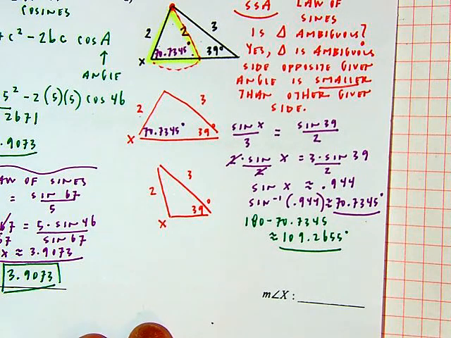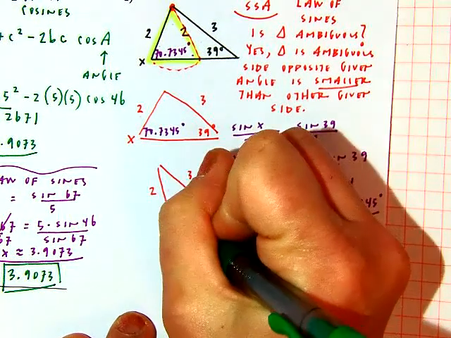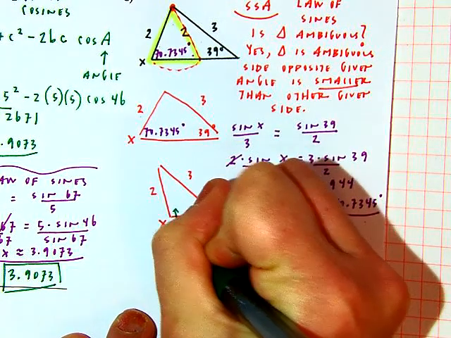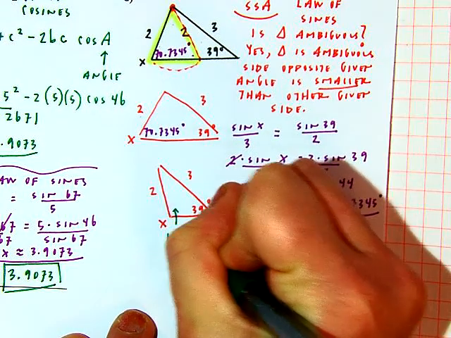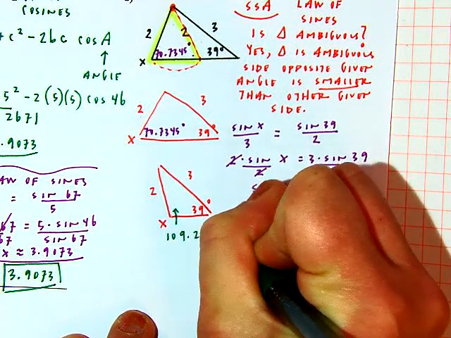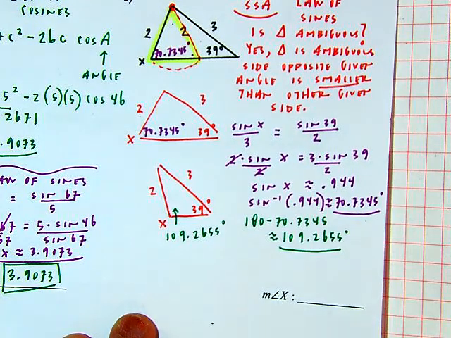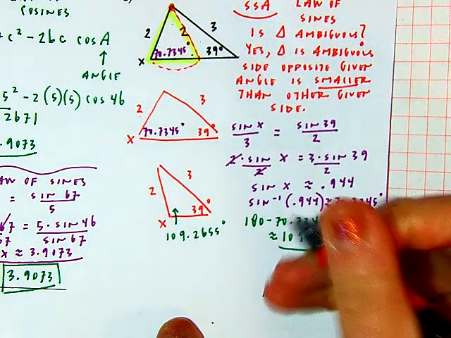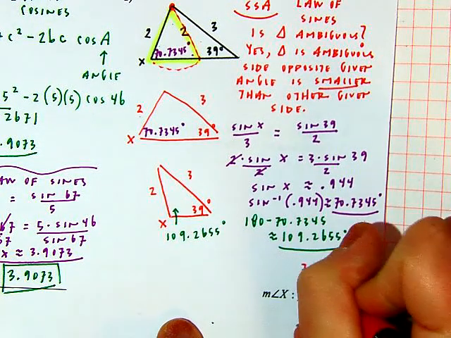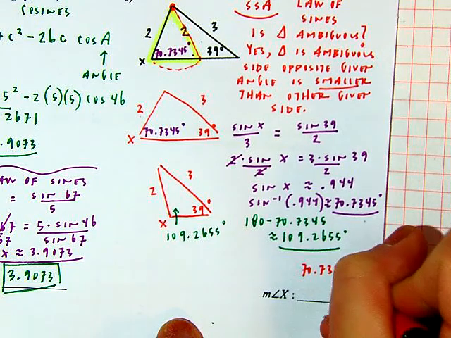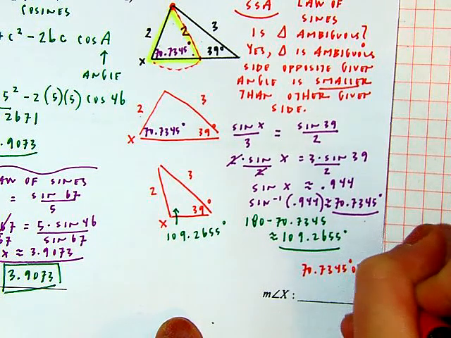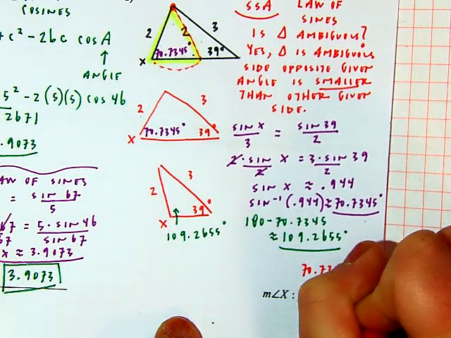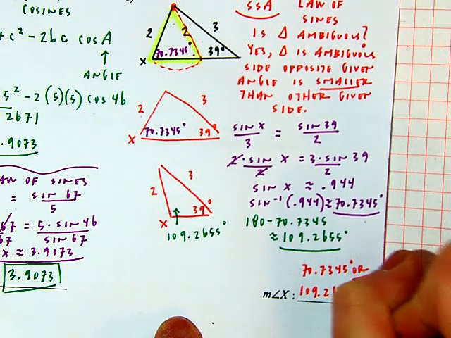They are both possible answers because this angle right here could be 109.2655 approximately. All right, so the measure of x could be 70.7345 or 109.2655.